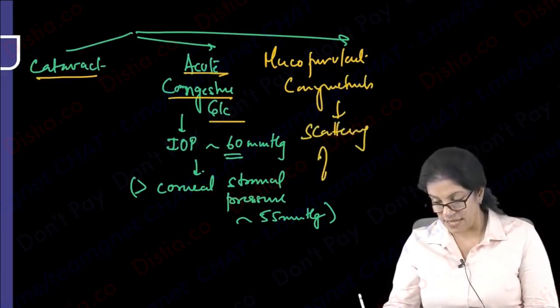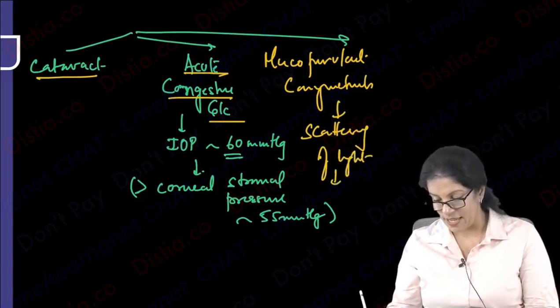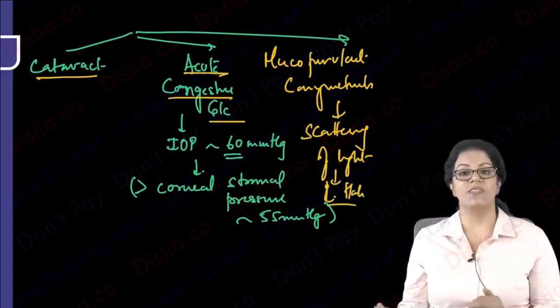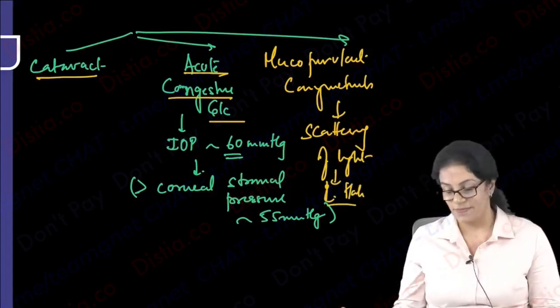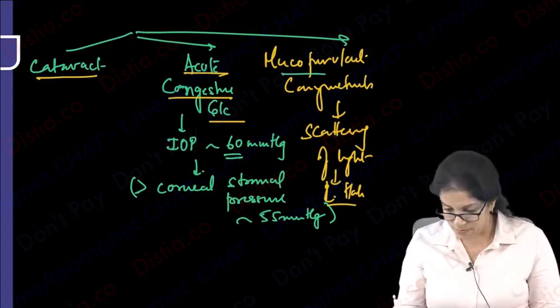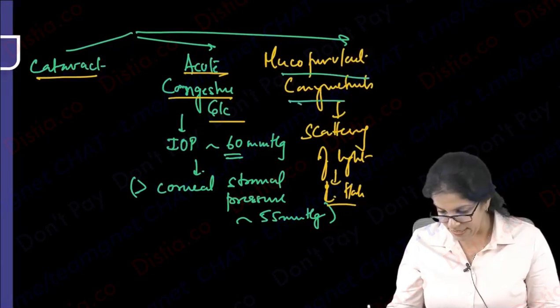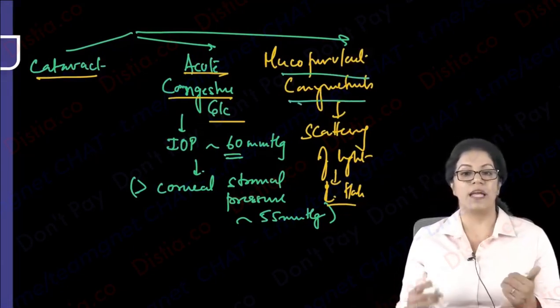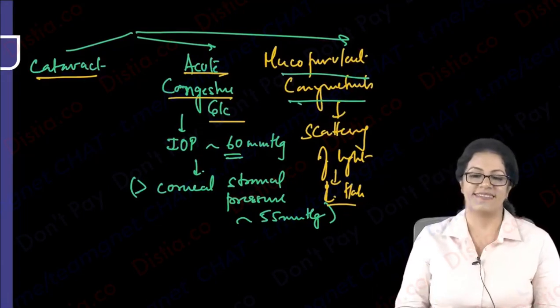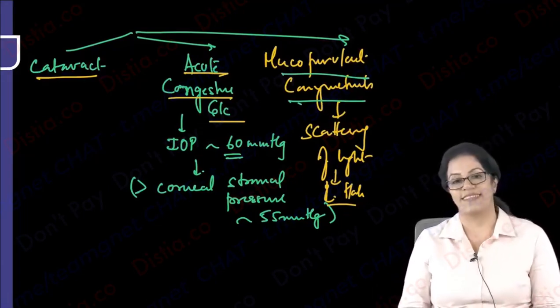This scattering of light is what is leading to halos or colored halos. Got it? So these are the three causes.